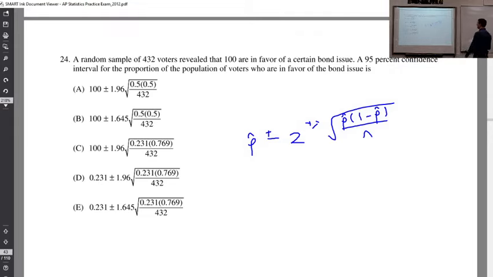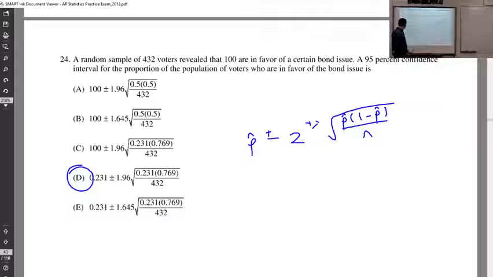Our p hat here is the 100 out of 432. And our z-score for a 95% confidence interval, hopefully you have that memorized by now, is about 1.96. So the only one that uses all of those is D.